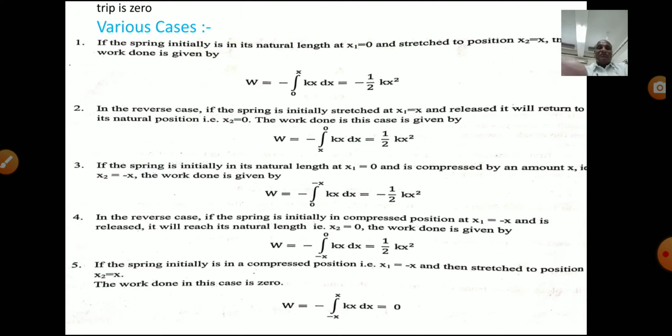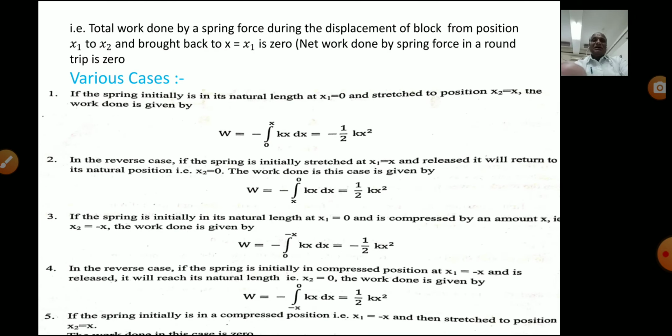When we find the integral, k is constant and we get x square divided by 2, so upper limit minus lower limit, and this integral gets cancelled. Now we have seen the different cases.